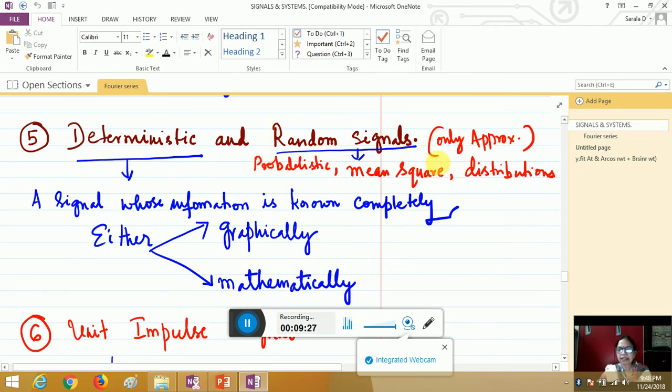Whereas random signals are only approximations, they can be only probabilistic, represented as mean square or distributions. That means the probability of finding the signal is here, the probability of not finding the signal is here. That kind of information is what is carried for random signals. For deterministic signals, you are sure of its position, its location. Therefore, it is deterministic. We will see these examples later in the next lecture.